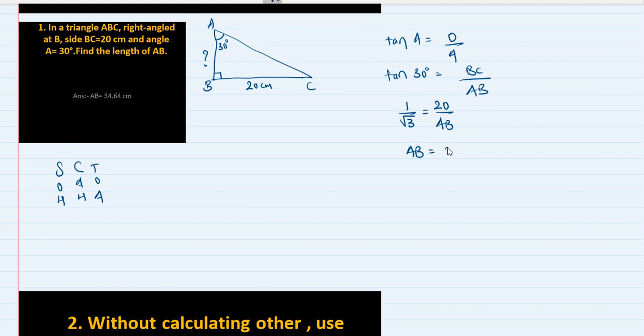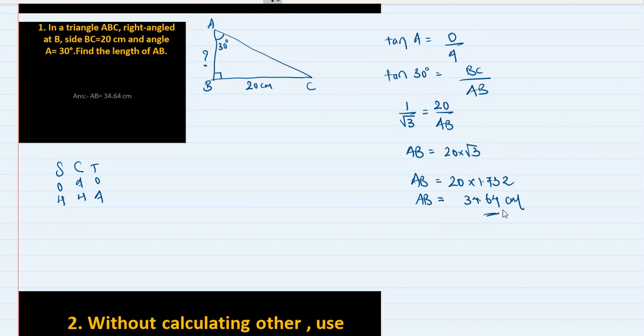So AB will become 20 times root 3. 20 times 1.732. So AB will be 34.64 centimeter.